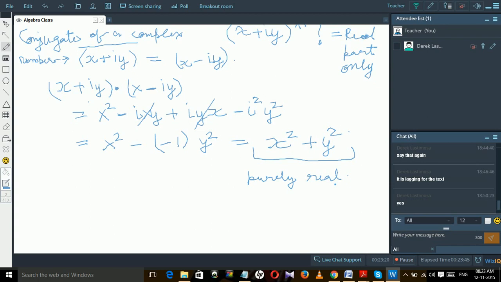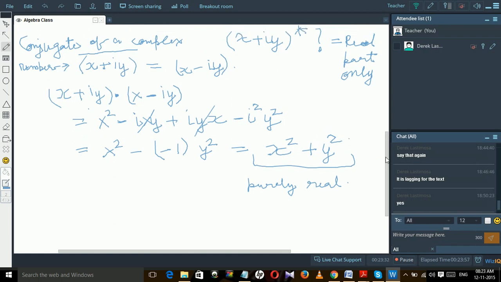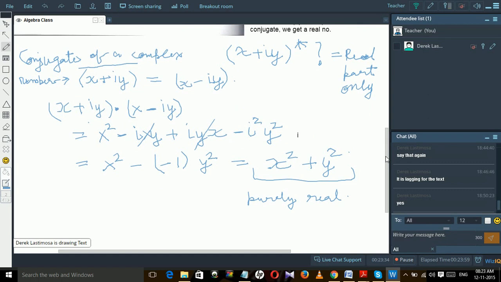So how do you find a conjugate of a complex number? You just put a bar over it and substitute the plus sign between the real and imaginary parts with a minus sign. Okay, is it clear? So we can move back to questions.